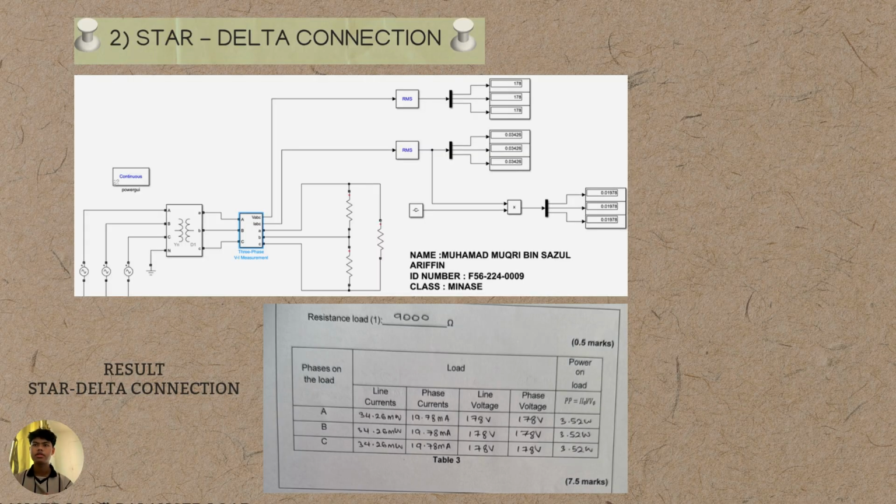Our aim in this section was to observe how this configuration performs under a balanced load condition. We connected a balanced load across the star to delta transformer setup, ensuring that each phase carries an equal amount of power.